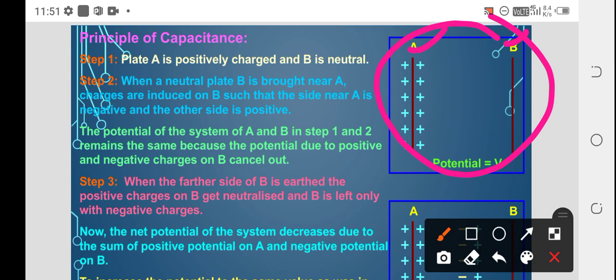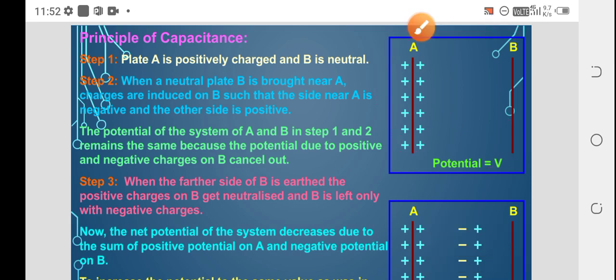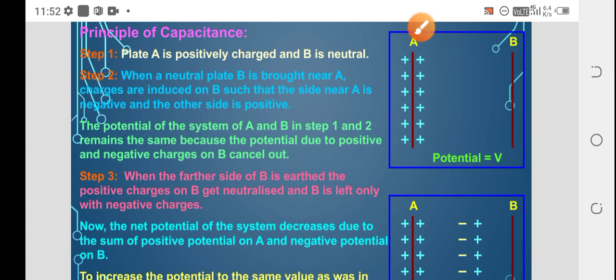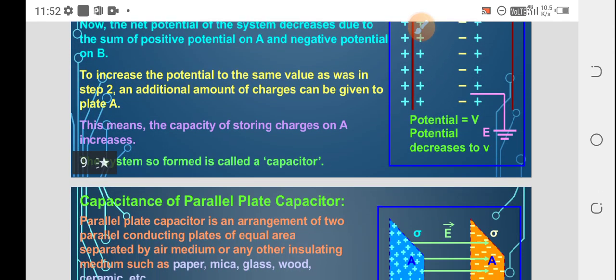Now bring plate B towards plate A. In step 2, when neutral plate B is brought near A, charges are induced on B, so that the side near A is negative and the other side is positive.